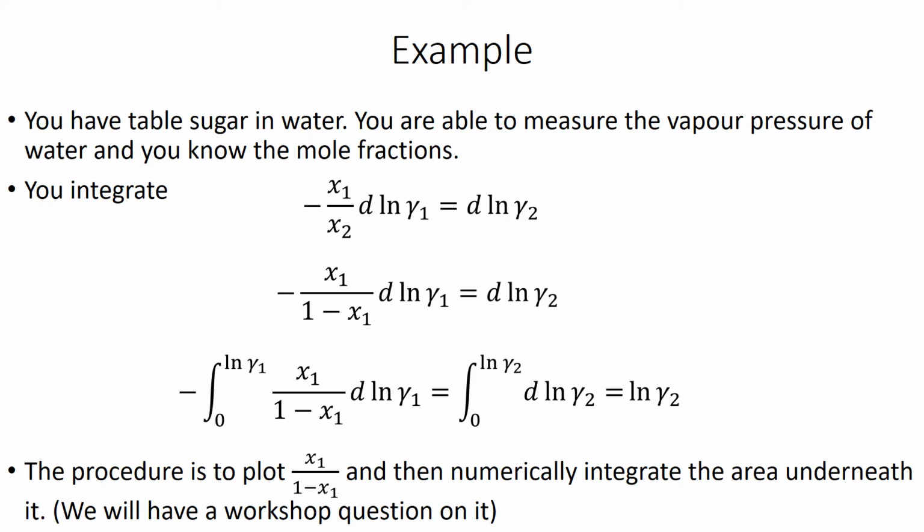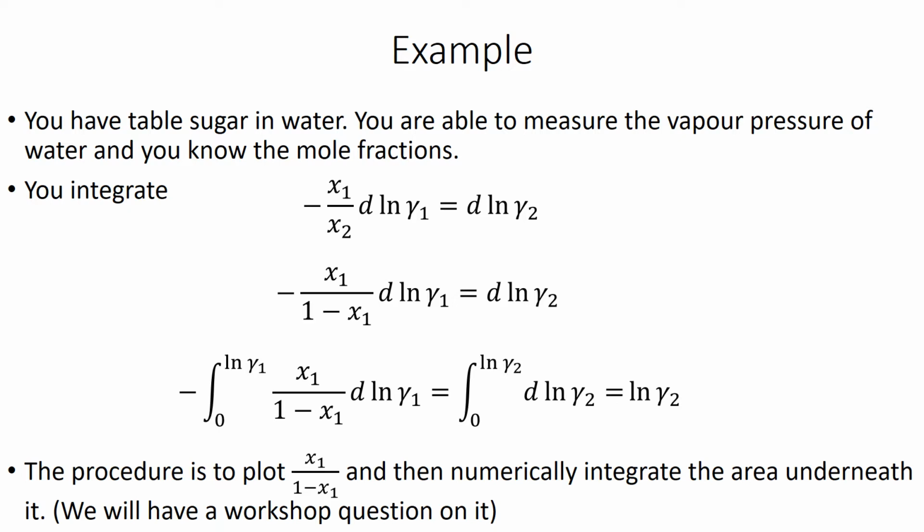Well, you integrate. Here's just some rearrangement where you just divide the Gibbs-Duhem result by x2, for example. You recall that the mole fraction of 1 plus the mole fraction of 2 has to equal 1. So you just do a substitution, and now you integrate.